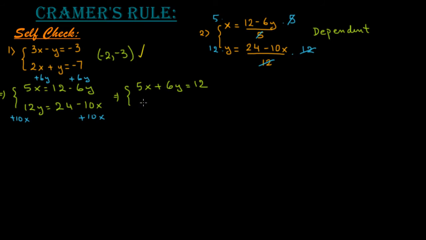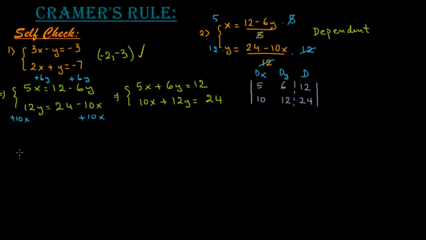Then we have 10x plus 12y equal to 24. What I'm going to do next is copy the coefficients and bring them over. So 5, 10, 6, 12, and 12 and 24. So we have the first column come from x, so dx, dy, and then d.